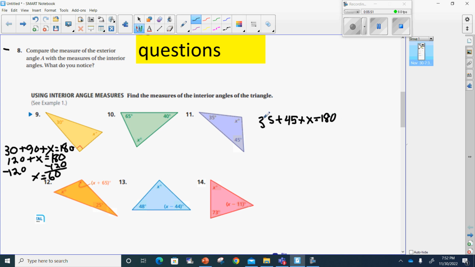All right, so we take 35 and 45, that's going to give us 80, plus x equals 180. Now I'm going to have to subtract 80 from both sides. We have x is equal to 100.